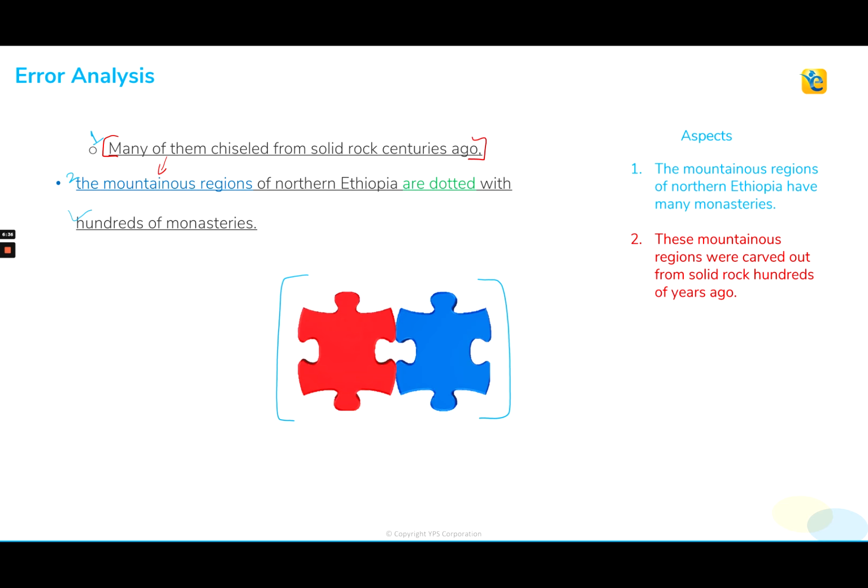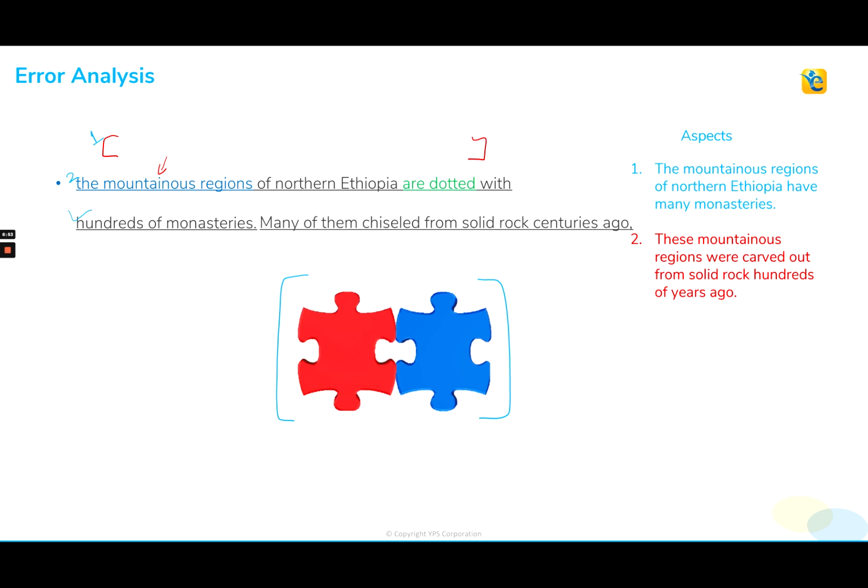Okay, so let's just take a guesswork here and let's just preempt a little bit. How can we make this sentence work? What can we do in this sentence so that we get the logical meaning through the correct grammar? And one way I thought of is that let's just place that modifier that appears in the beginning of the sentence right after hundreds of monasteries.